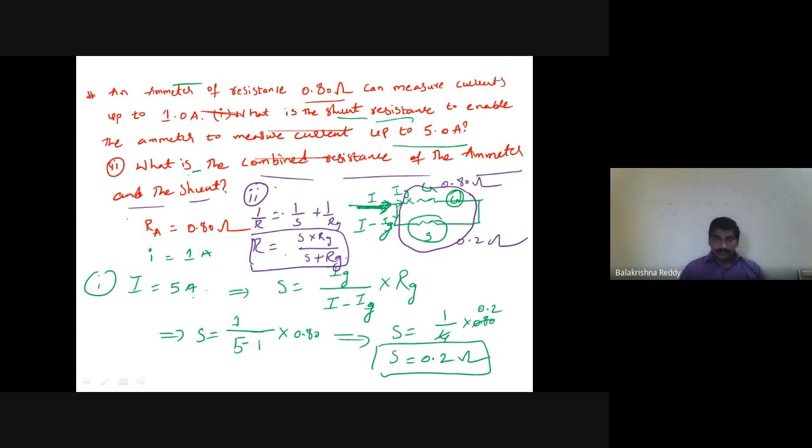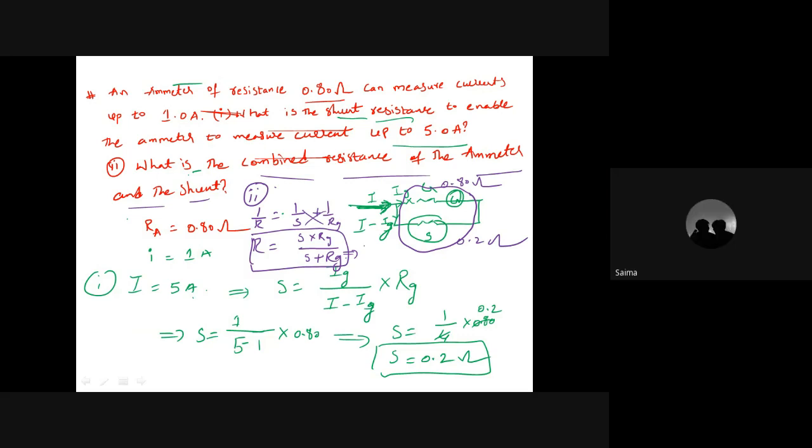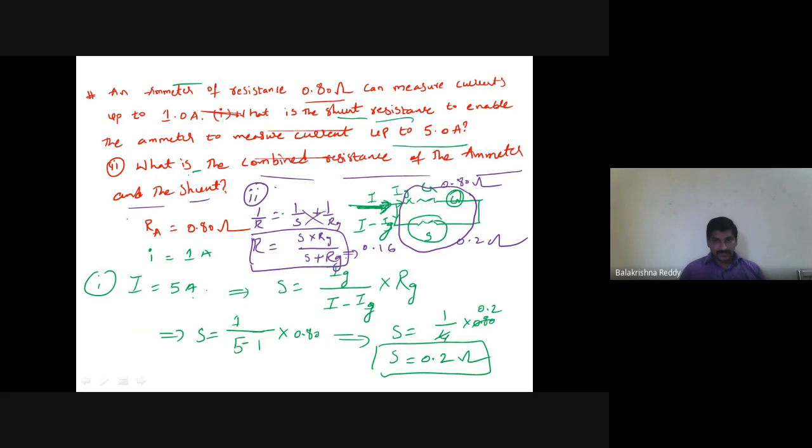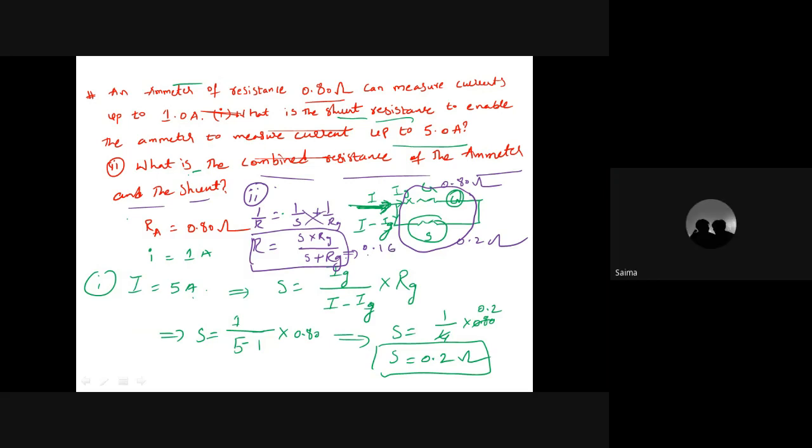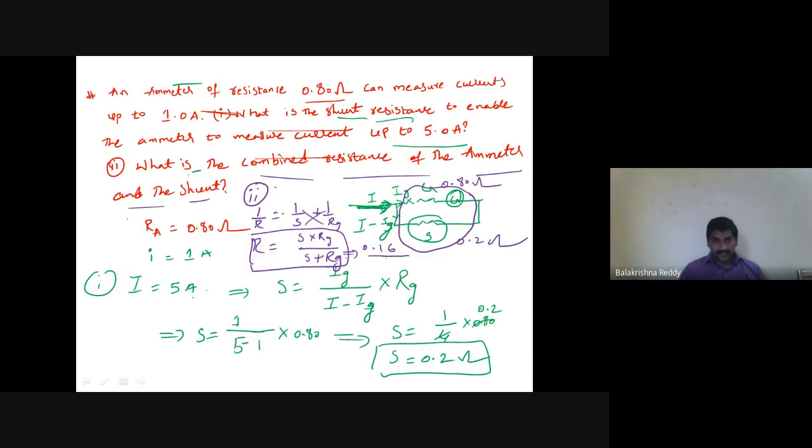So R equals S into Rg by S plus Rg. Substituting, R equals 0.8 into 0.2, which is 0.16, by 0.2 plus 0.8, which is 1.